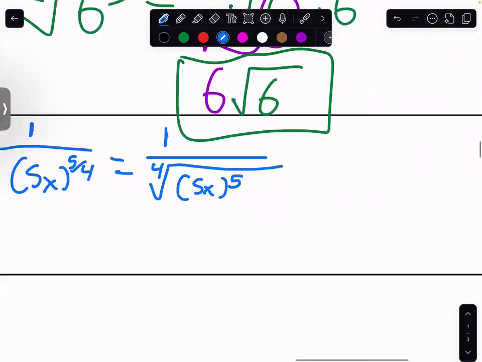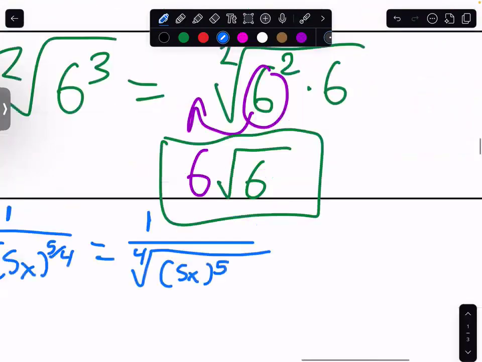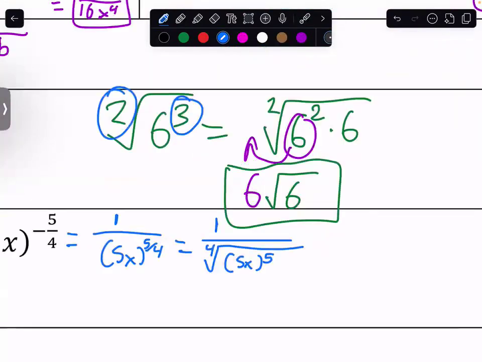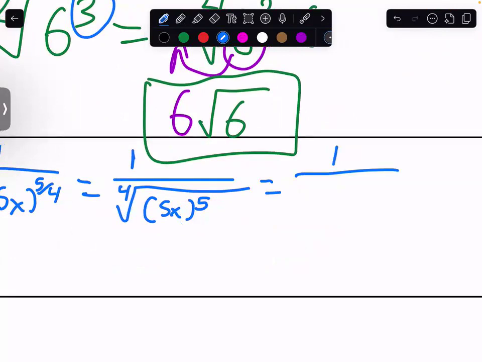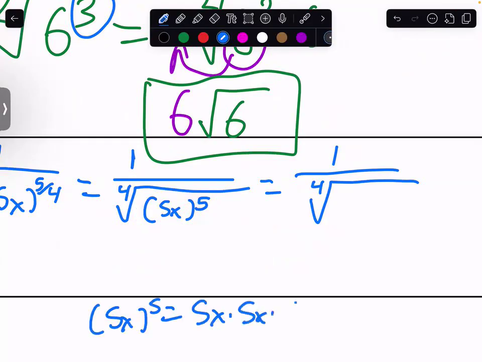Okay, but just like the previous problems, whenever the inside exponent is bigger than the index, that means you have more than enough. So you want to split up the 5 to make a group of 4. Right now we have 5x to the 5th power, which we know means 5x times 5x times 5x times 5x times 5x.